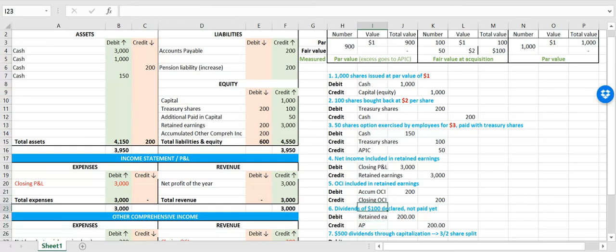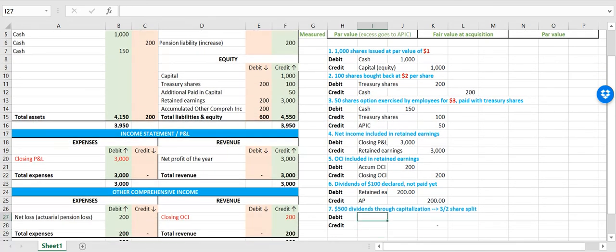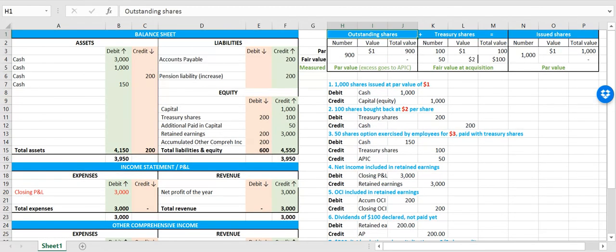Okay, now let's end with a special kind of dividend. Instead of paying money to our shareholders, we're gonna give them more shares. So in this case, we're saying for every share you have, I'm gonna give you an additional share. Okay, so we have 1,000 shares in total, and we're gonna add 50% to it.